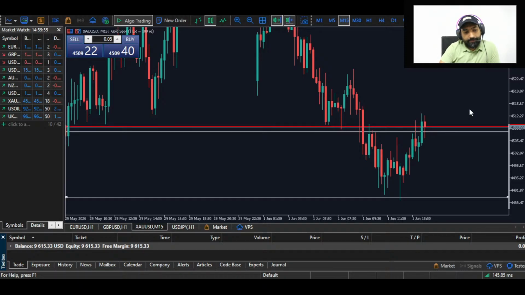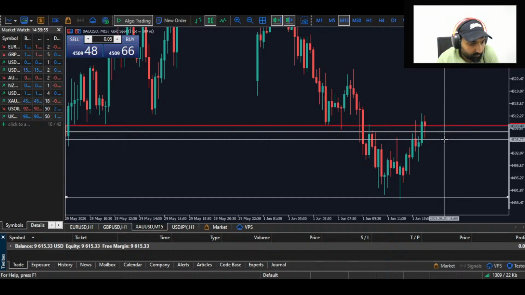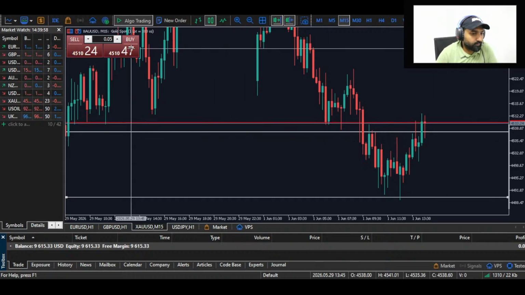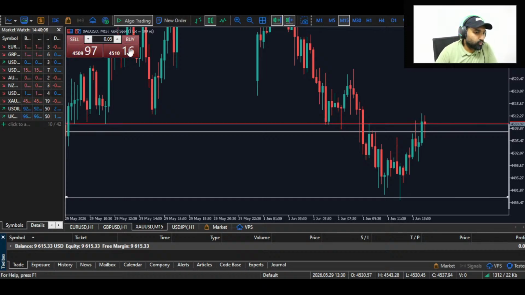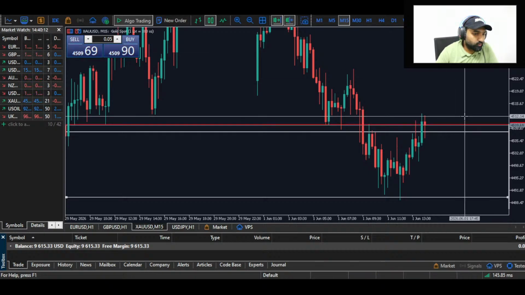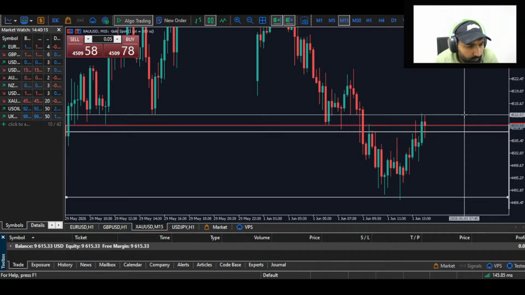If it goes above now and breaks its own high, then and only then are we about to take the trade again. 12.57.